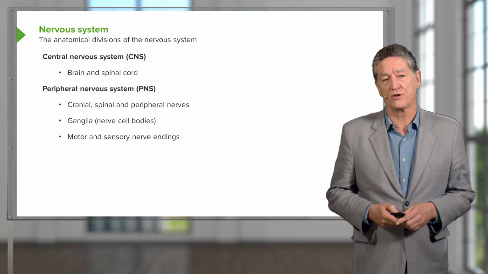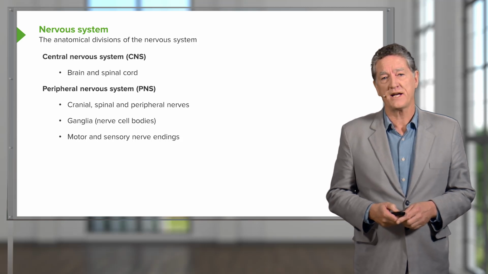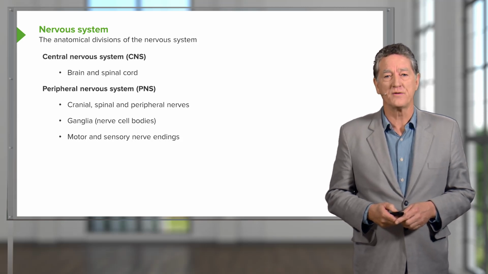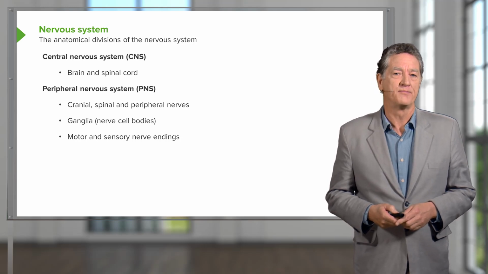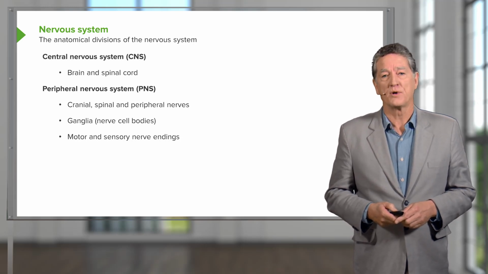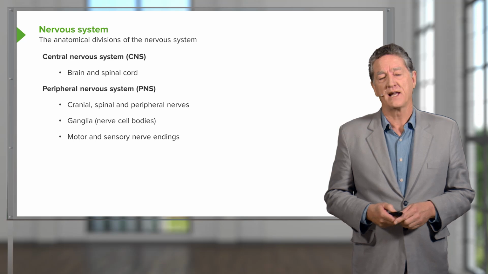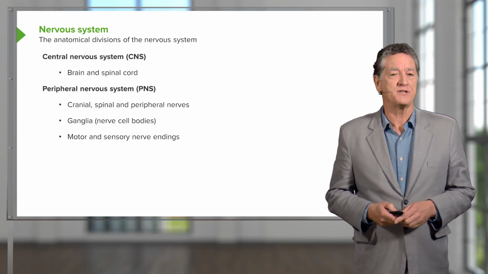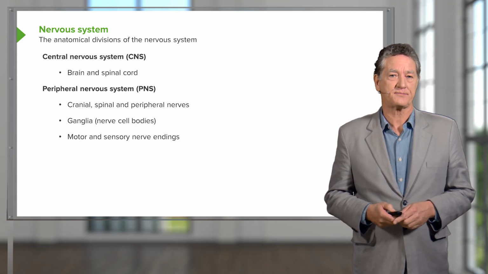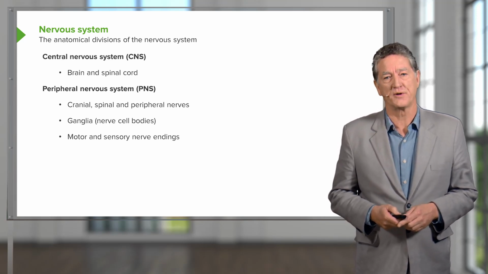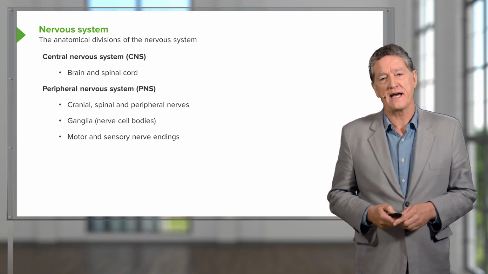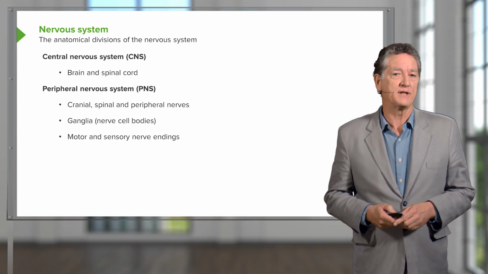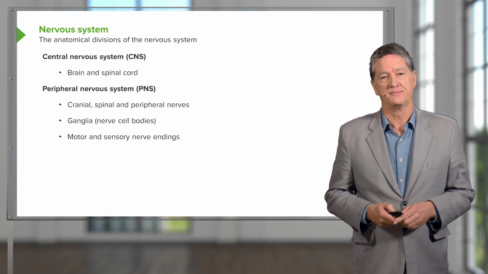For instance, the brachial plexus in the neck region that provides nerves supplying the upper limb, or the lumbosacral plexus in the lumbar region, providing nerves that supply muscles in our lower limb. And then some of those peripheral nerves can be named. The sciatic nerve, for instance, in our lower limb, or the median, ulnar and radial nerve in our upper limb.